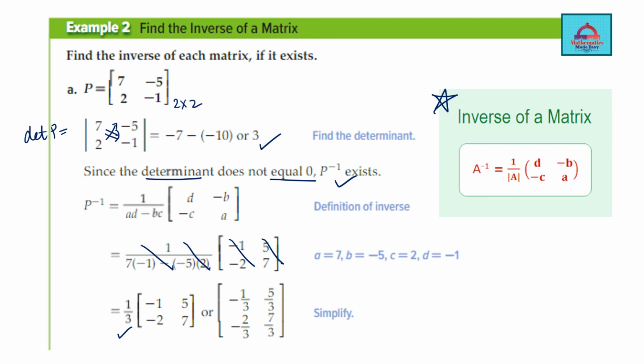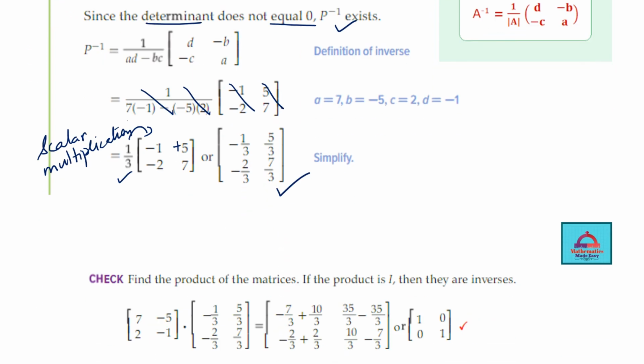So if -5 is there, it becomes +5. If +2 is there, it becomes -2. Now this is just like scalar multiplication. So the scalar 1 by 3 is going to be multiplied to each element. It is going to distribute and multiply to each element, and this is your inverse in that case.